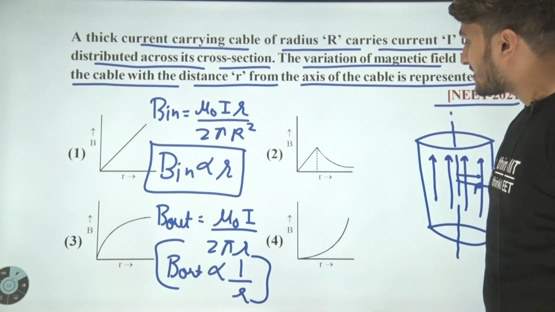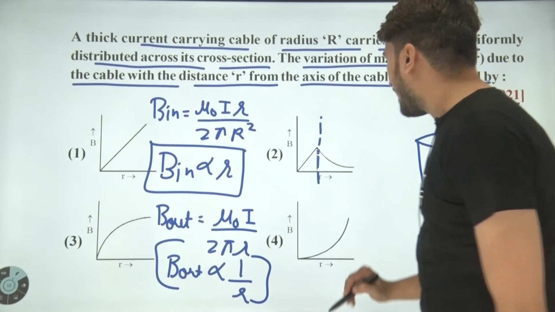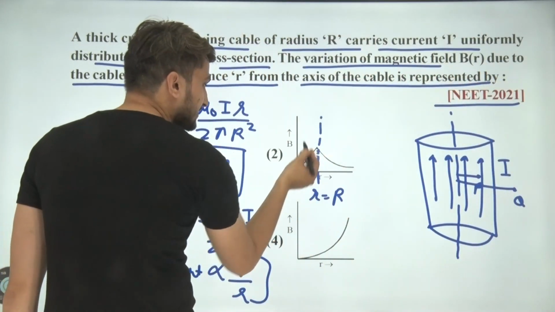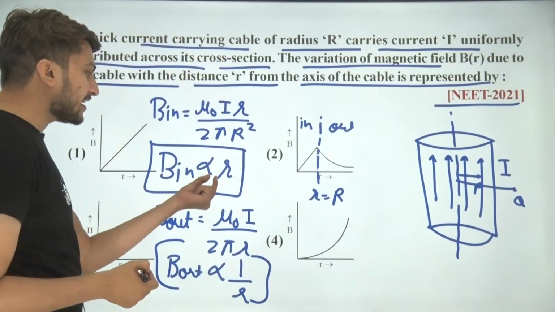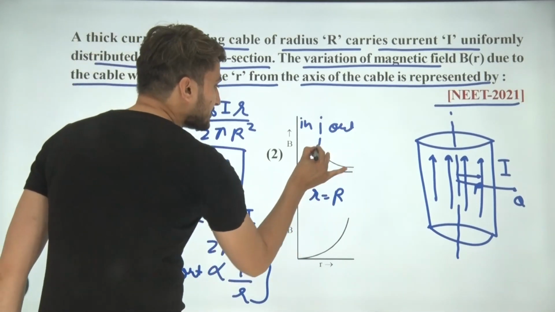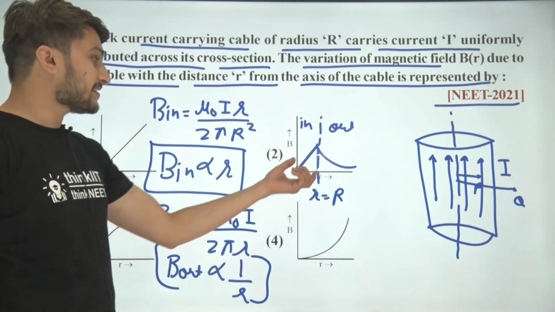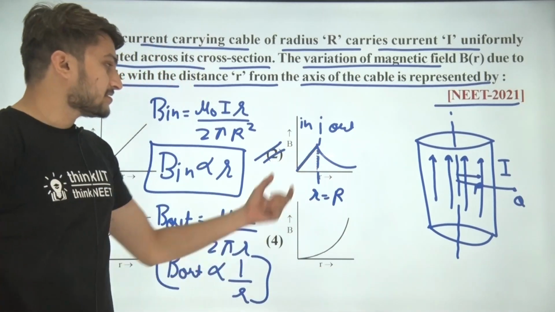On the graph, at r equals R, inside is a straight line, and after that it is a curve. So the answer is option number 2, which is this graph.